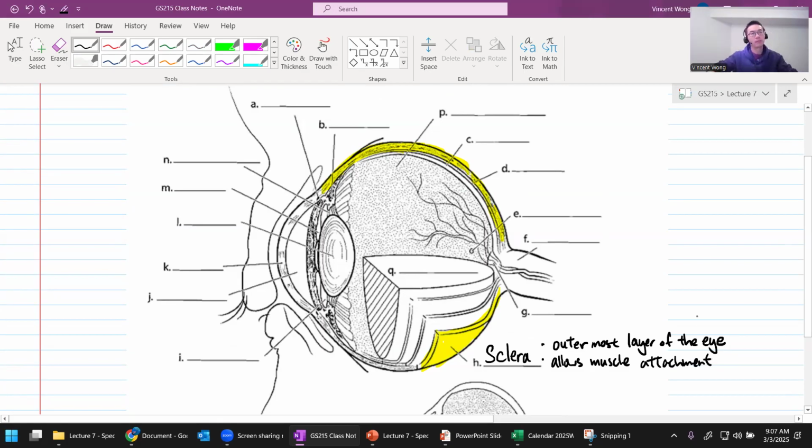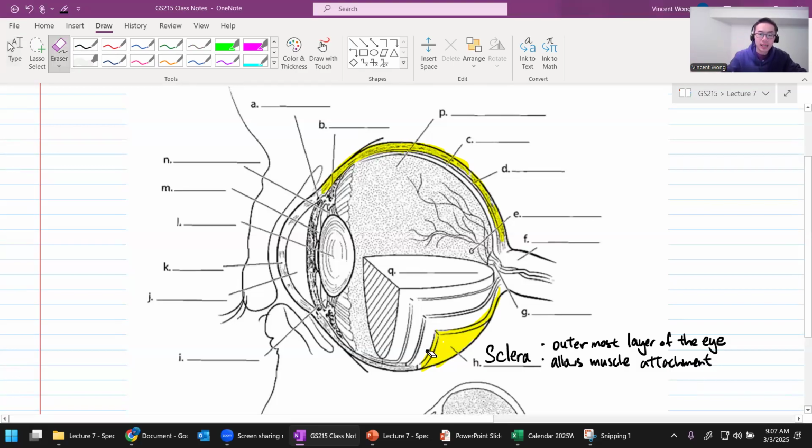Okay, there are quite a bit of muscles attached to the eyeball. Think about all the movements our eyes can make, right? Up, down, left, right, rolling the eyes. Those are controlled by muscles. And these muscles are actually controlled by your cranial nerves, which you have 12 pairs of.